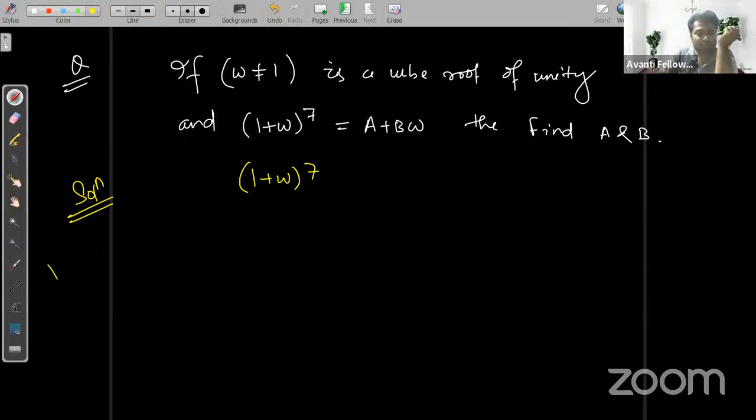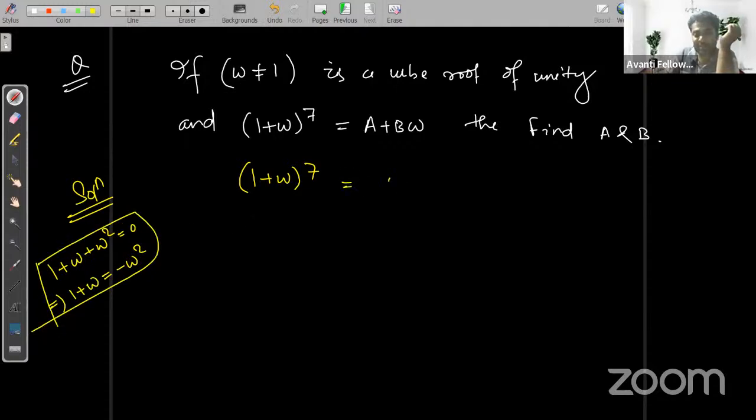We know 1 plus omega plus omega square is equal to 0. Then can we say 1 plus omega is equal to minus omega square? Yes. So we can write this as minus omega square to the power 7, which is minus omega to the power 14. Yes or no?